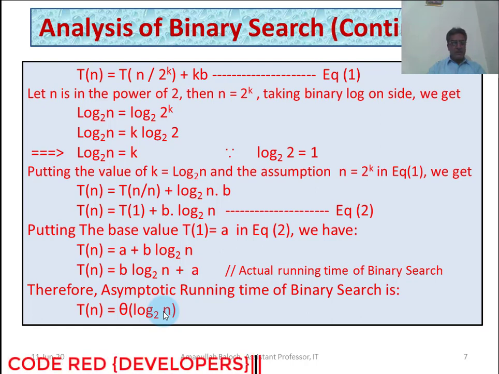We can even say it is the fastest algorithm, except the one which has a constant running time, that is 1. That algorithm may be faster than this, but binary search is considered the fastest algorithm in the history of algorithms.